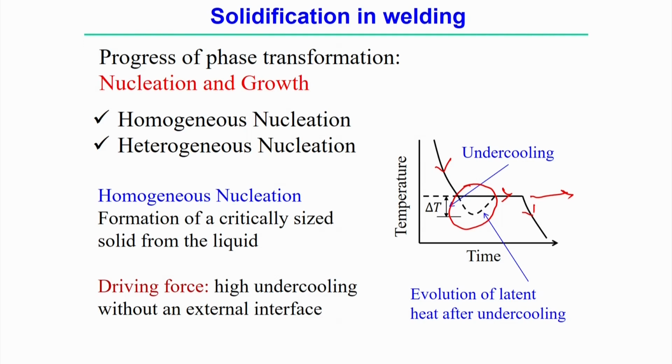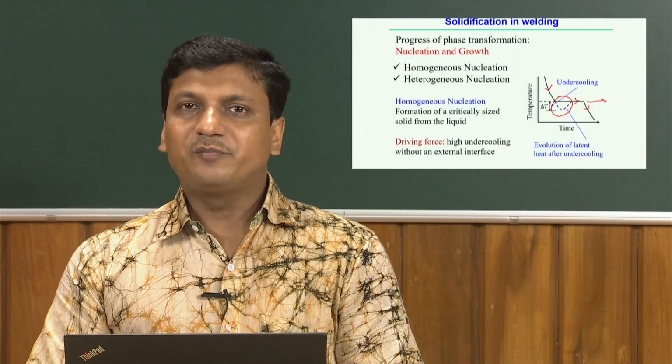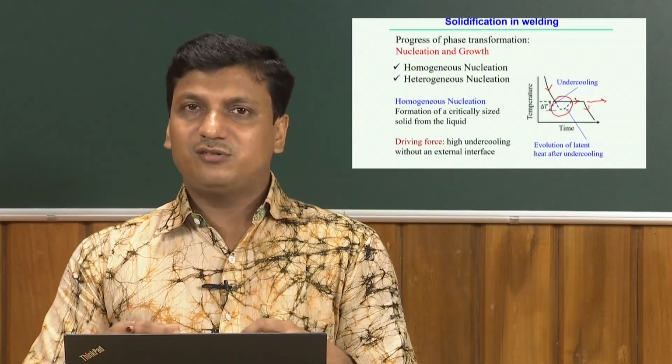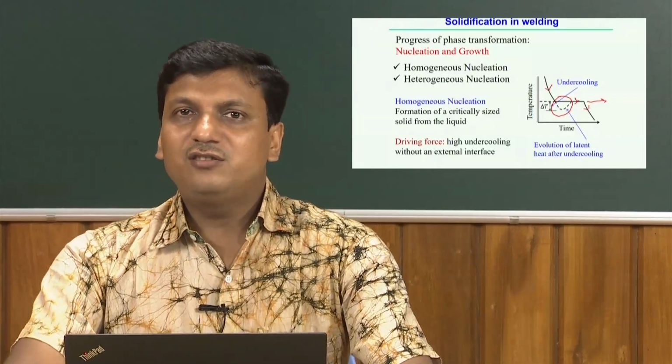Of course, there is another nucleation process. In the homogeneous nucleation process, there is no role of an external surface. The presence of an external surface, maybe adjacent to the liquid metal or some interface with the liquid metal, also acts as a site to create the nucleation process.